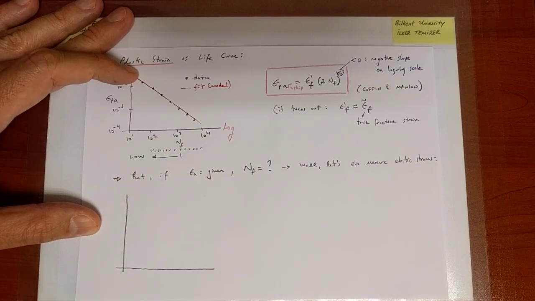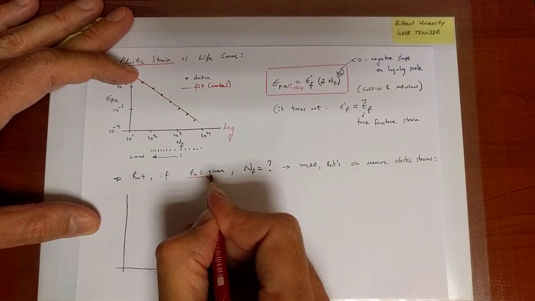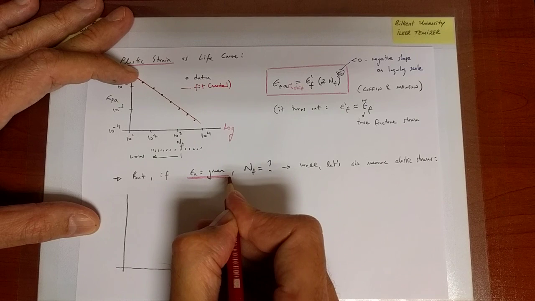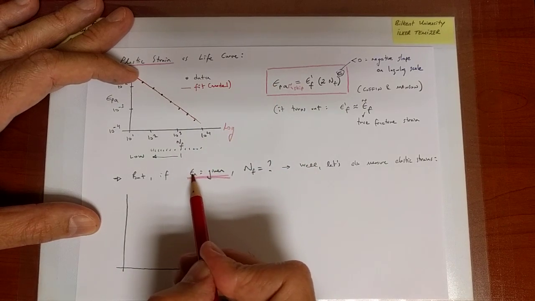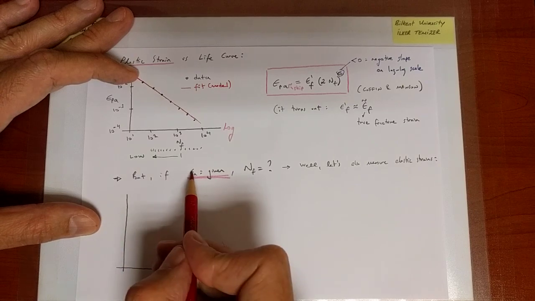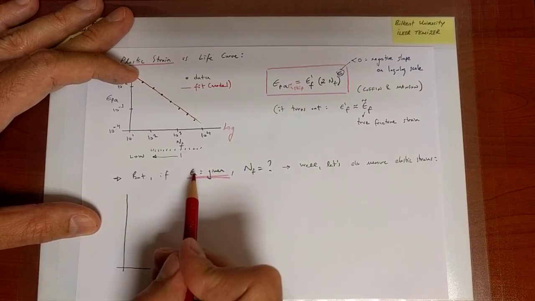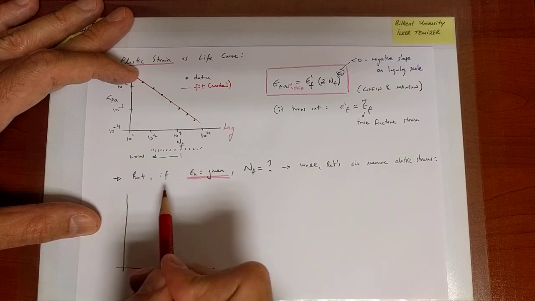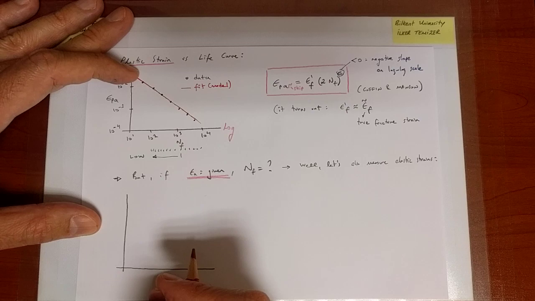Okay, so the specimen is subjected to epsilon_A. This is the major thing, and I can measure the plastic contribution to that amplitude and then subtract that from this and find the elastic strain contribution to this amplitude. Either way, the specimen is going to fail for this amplitude at a given number of cycles.